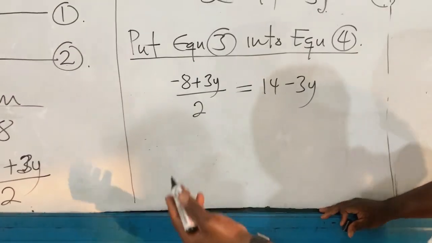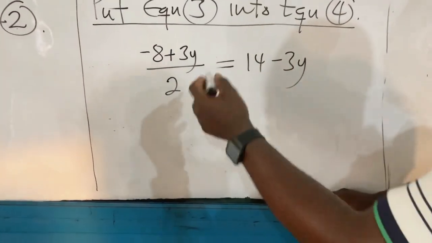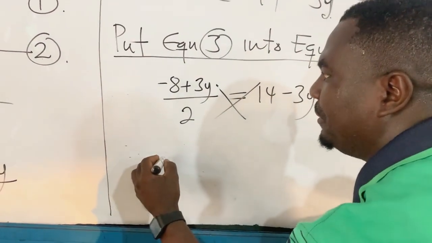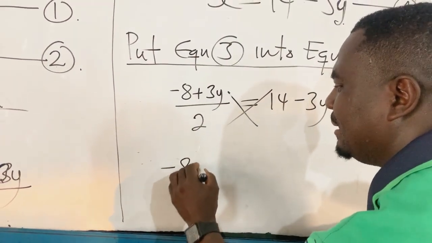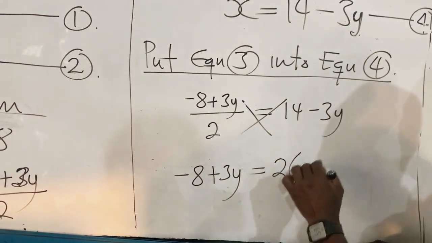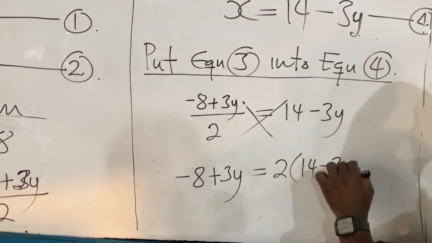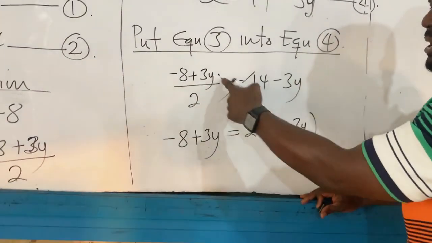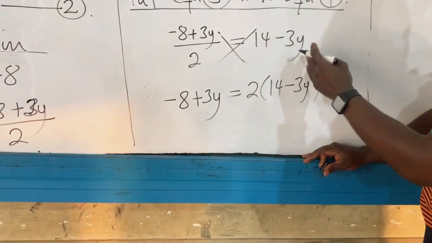So what you do here is cross multiplication. So negative 8 plus 3y equal to 2 times 14 minus 3y, because we've gotten an equation involving fractions where you can multiply through by the LCM.